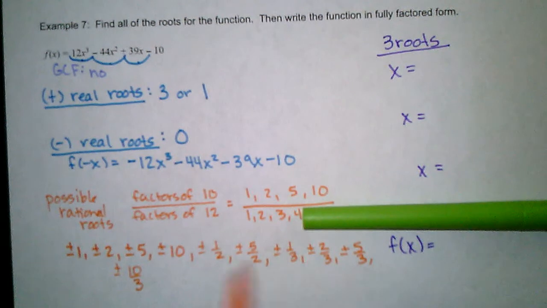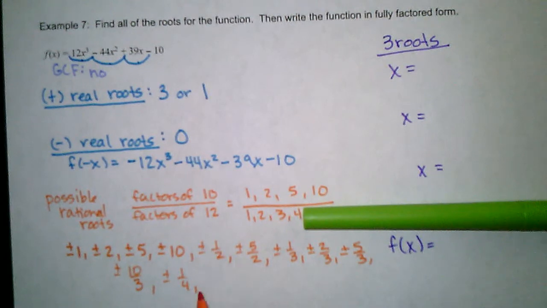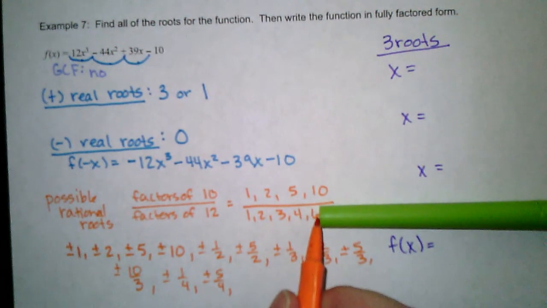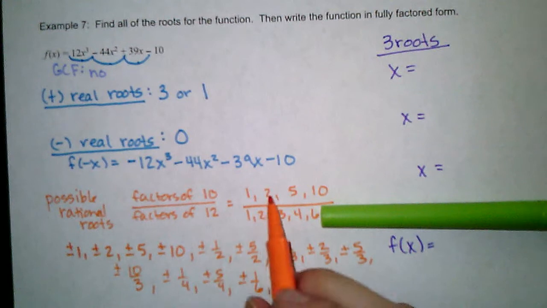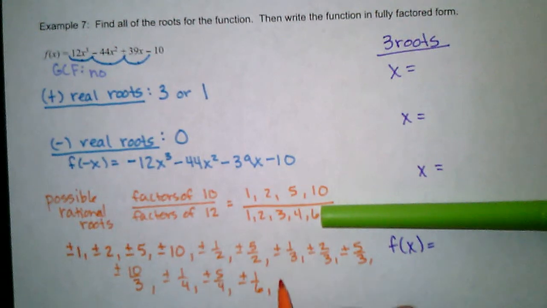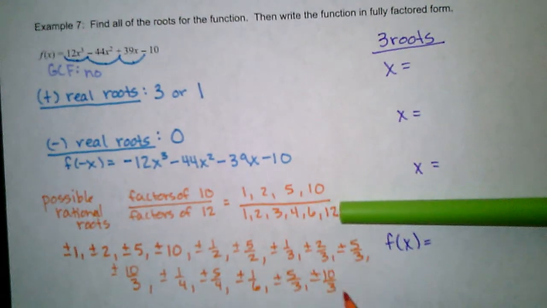Next one is 4. Plus or minus 1/4. 2/4 would be 1/2. Plus or minus 5/4. 10/4 would be 5/2. 6. Plus or minus 1/6. 2/6 would be 1/3. Plus or minus 5/3. Plus or minus 10/3. And 12.